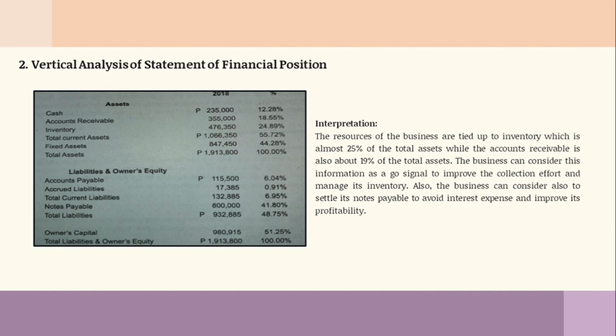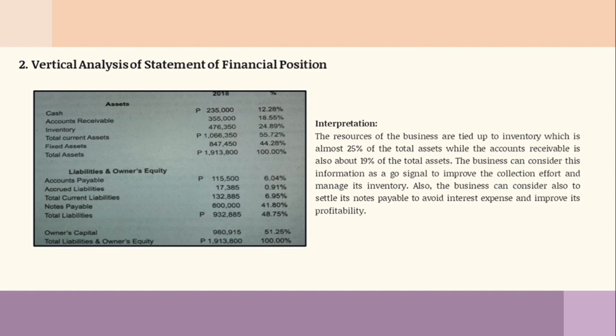So to solve for its component, we have the account that you wanted to analyze for the numerator and the base for the denominator, in which sa cash, which is 235,000 divided by 1,913,800, which is 12.28%.